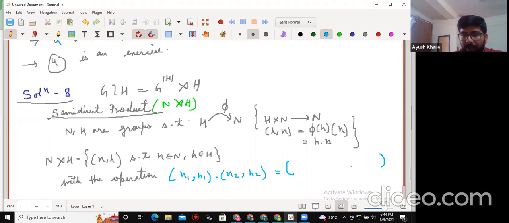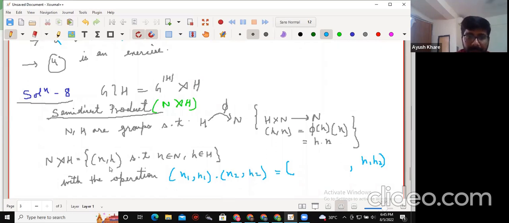It's easy to remember the operation and it's very natural. See, in the second coordinate, it's just the multiplication as you see in the product of groups, just the product of h1 and h2. And the first coordinate has to be an element of n. You all agree?